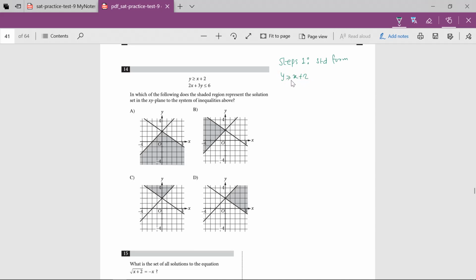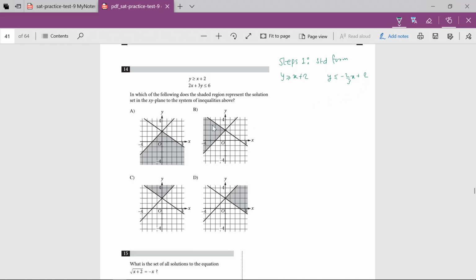If I had to write the second one in the standard form, that would be y is less than or equal to minus 2 over 3 x plus 6 over 3, which gives me 2. I've just transferred this 2x to the other side and divided by 3, so that becomes minus 2 by 3 x, plus 2.